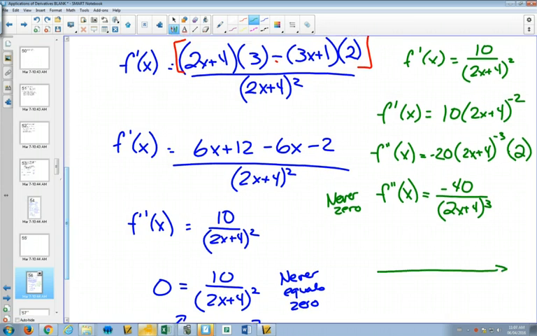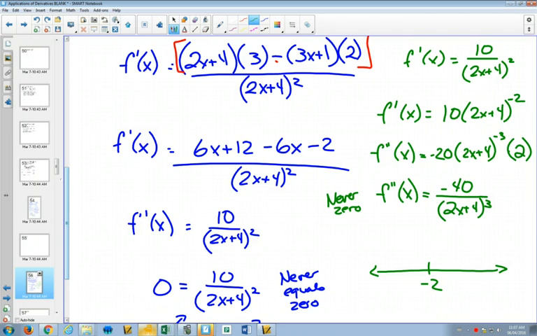So when I do my sign diagram to figure out concavity, again, I still have to include my non-permissible value, because that's a critical point on there, and I'm going to check values before -2 and after -2.